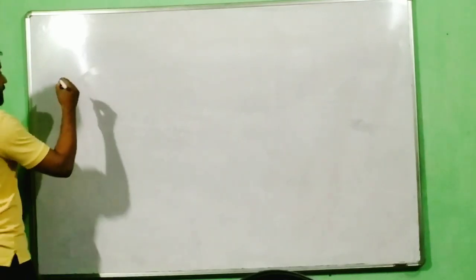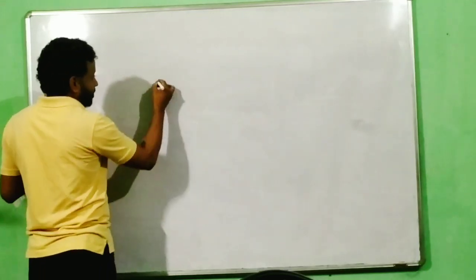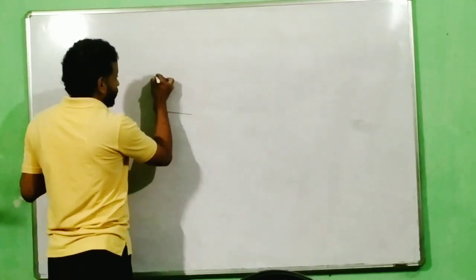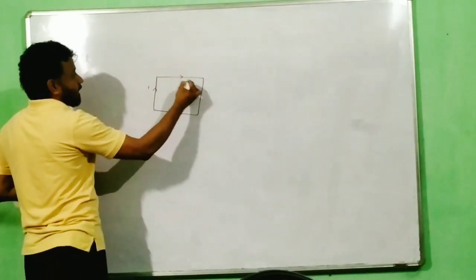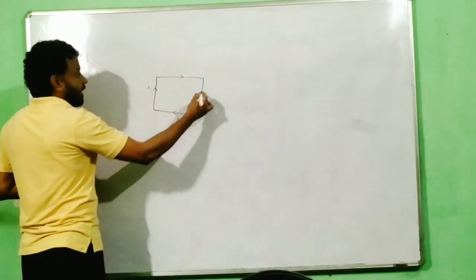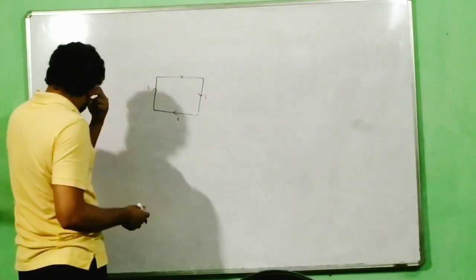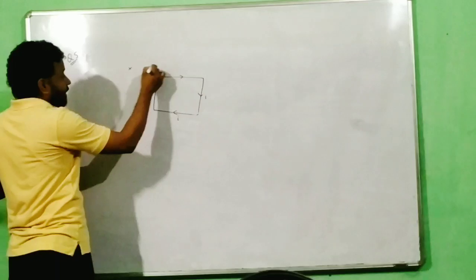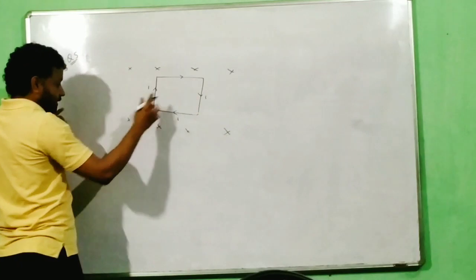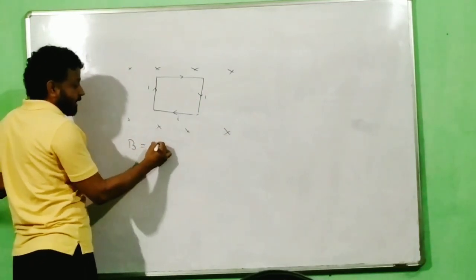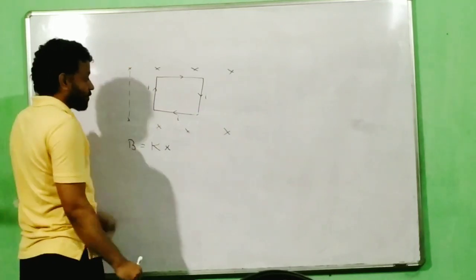Now there will be some questions which are again very easy, but it just appears to be difficult. It only appears to be difficult. So suppose I have a loop like this, and this is carrying a current I. Just to make you afraid, they will give a question like this: in this region there is a magnetic field whose value is k times of x.